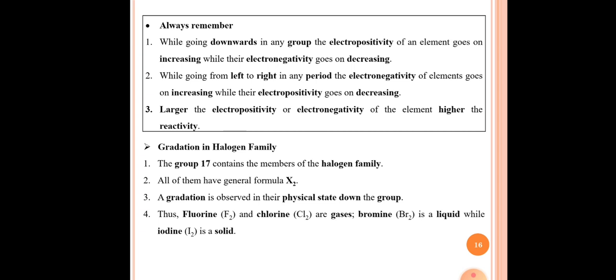The fourth point here is, thus fluorine and chlorine are gases, bromine is liquid while iodine is solid. See, the members of the halogen family are fluorine, chlorine, bromine, iodine. So fluorine and chlorine are found in gaseous state, bromine in liquid state, and iodine in solid state. So this is the gradation seen in the elements of the halogen family.